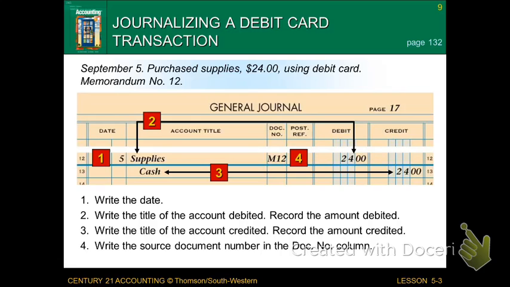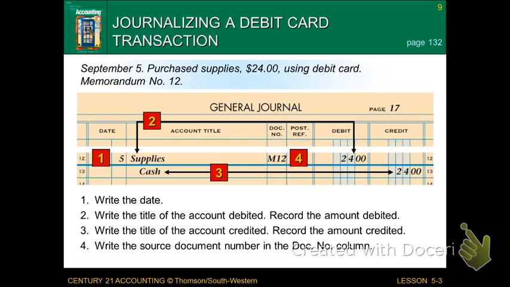Another example today, our last example, is when you use a debit card to purchase something. Maybe you ran out of supplies, so you had to run to the store, and you decided to use the company's debit card to make that purchase. Debit cards pull money straight out of a checking account, which would be cash.